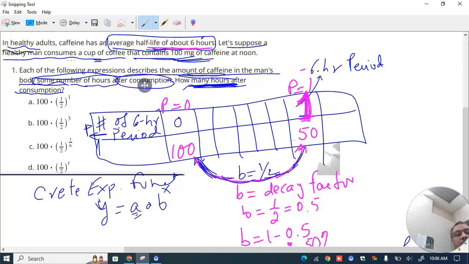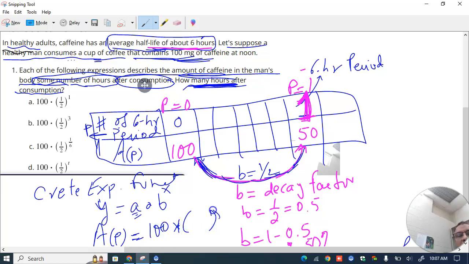So we can also write the amount of medicine as A of P, with an uppercase A, where P is the number of periods of 6 hours. So that means A of P, the amount of caffeine in the man's body, in the beginning was 100. I want to create this so that we really understand what's going on.